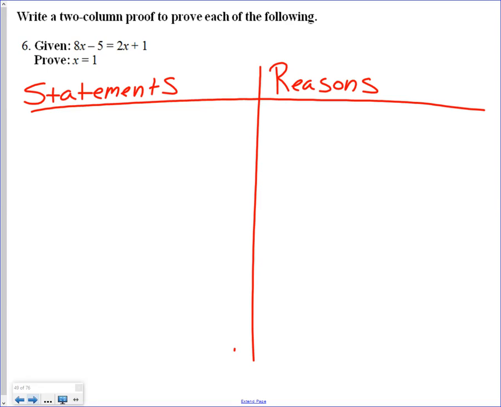Not literally the same thing, but your reason will be the same thing. Your first step will always be to state your given. Which is 8x minus 5 equals 2x plus 1. All right, does that mean that you didn't have to write it here? No, I told you have to write it here as well.